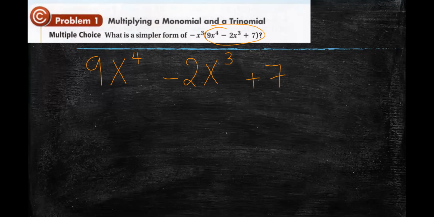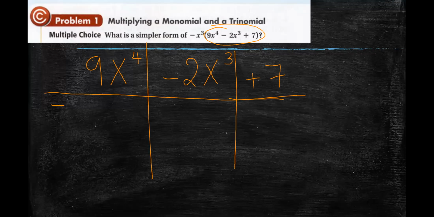Then, how many terms are here? How many monomials do we have? 3, is it right? Trinomial, there are 3: 1, 2, 3. Then I want to multiply negative x cubic by them.